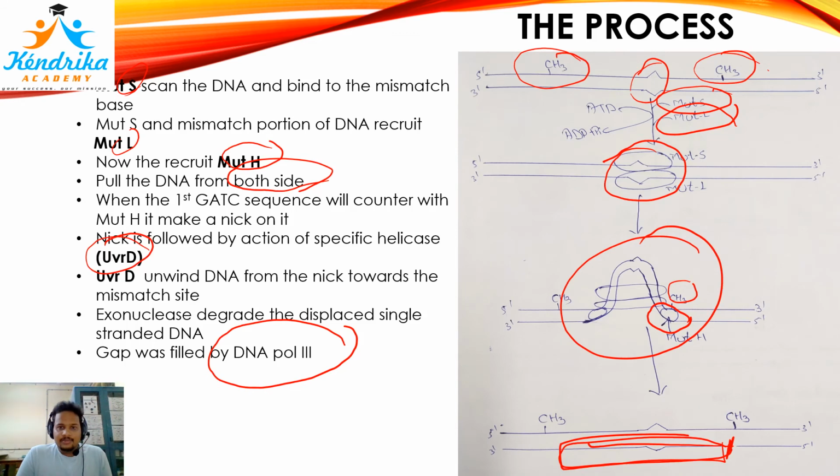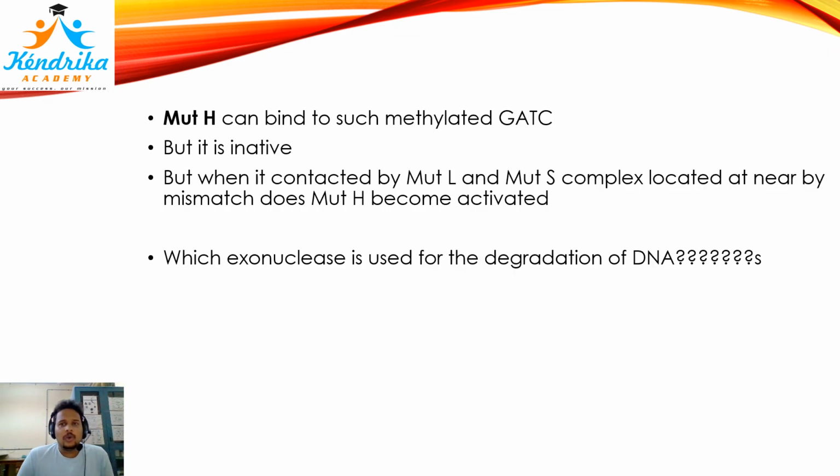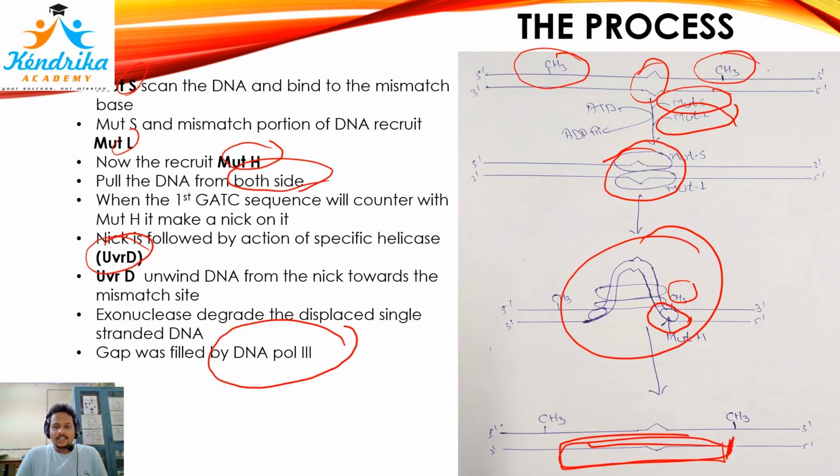Remember, this mut-H is inactive when it is near the methylated GATC sequence, but when it comes in contact with the mut-L mut-S complex, only then it becomes activated and it will cut.